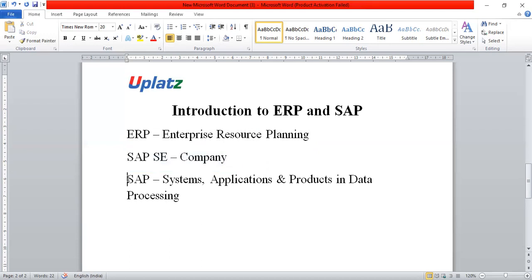Now they have put their special name for this, SAP. The full form of this SAP is Systems, Applications and Products in Data Processing. So these are the basic details about ERP and SAP.